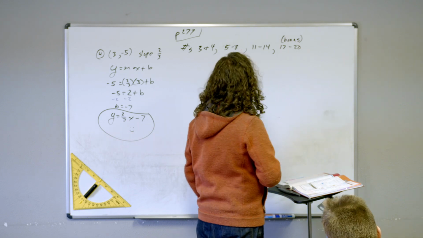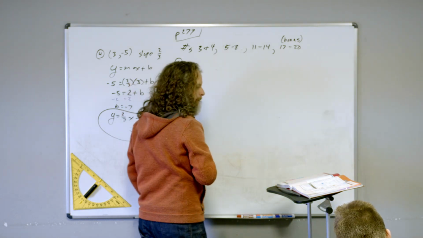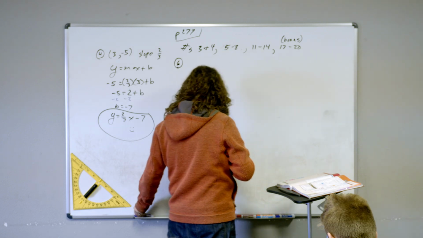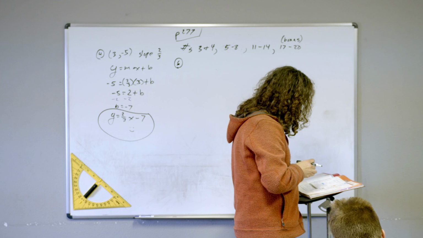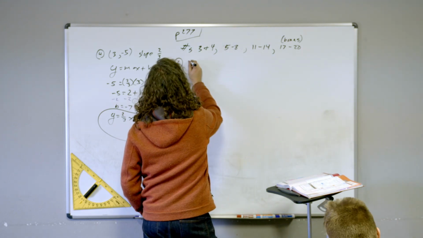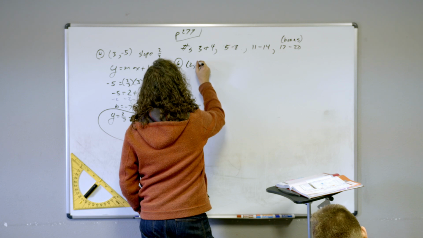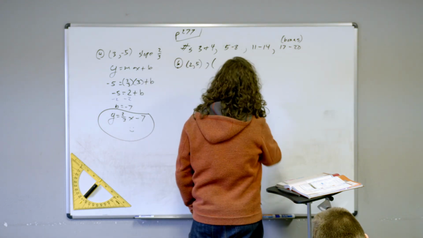Let's do number 6. We're supposed to write an equation of the line in slope-intercept form that passes through (2, 5) and (-2, 8).